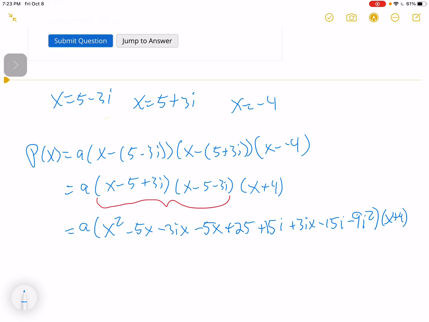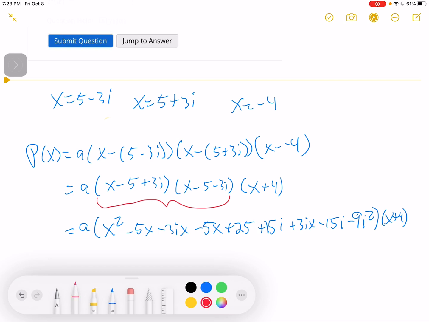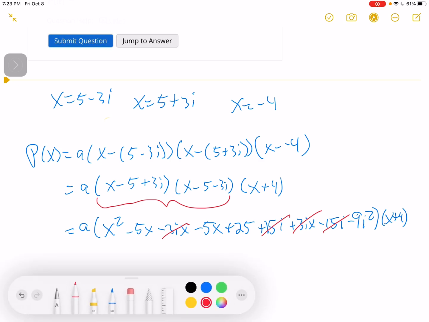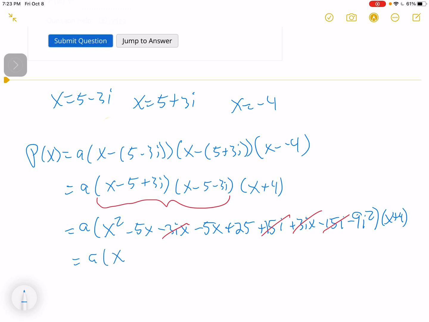So it looks really bad right now, but it's going to clean up really well. For example, the minus 3ix and the plus 3ix go away. The plus 15i and the minus 15i cancel out as well. What do we have left? We have a times x squared minus 10x plus 25, minus 9 times i squared, which is negative 1, times the x plus 4.